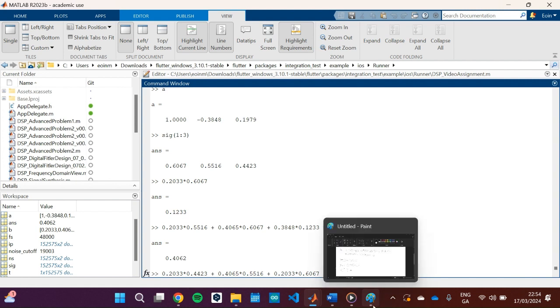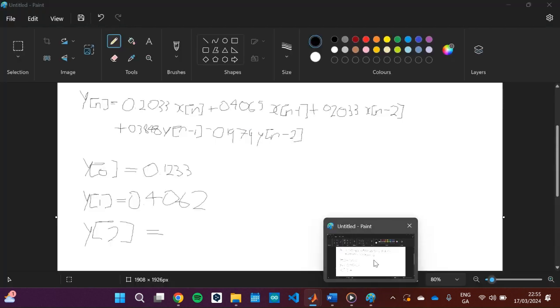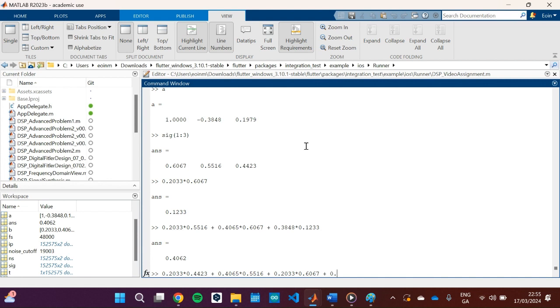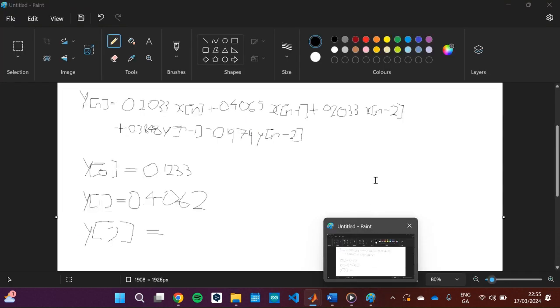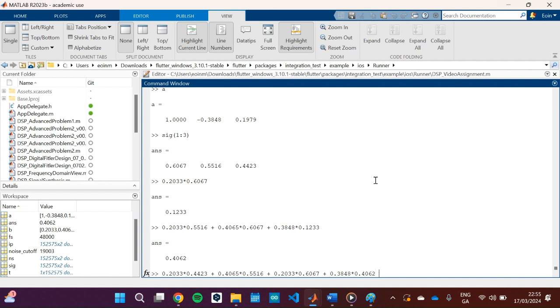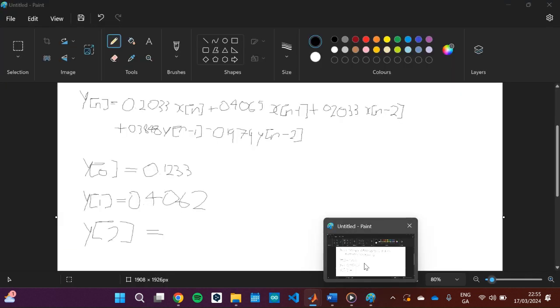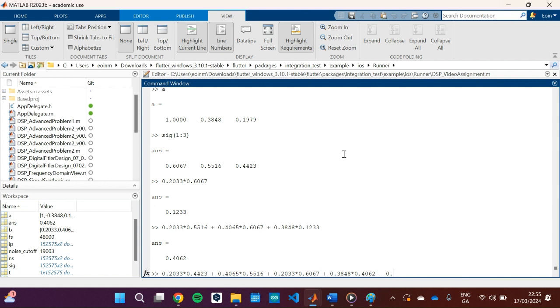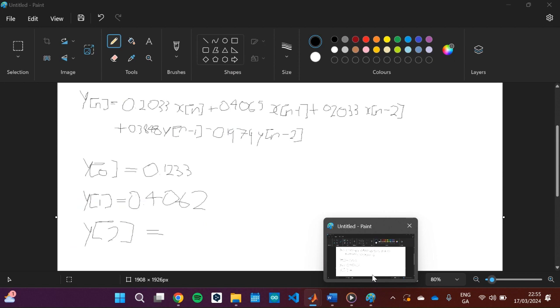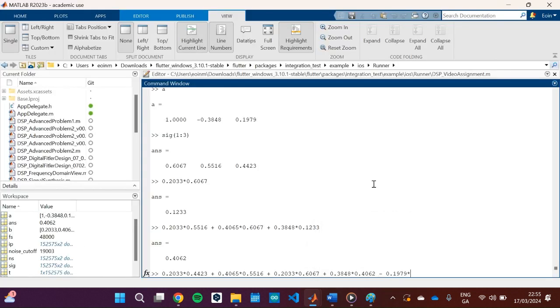And now the y, 0.3848 times y of n minus 1, which would be y of 1, 0.4062. 0.3848 times 0.4062, minus 0.1979 times 0.1233.